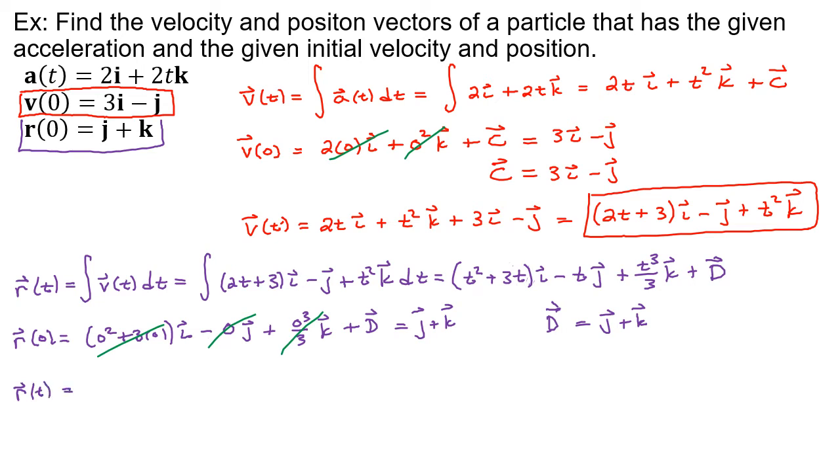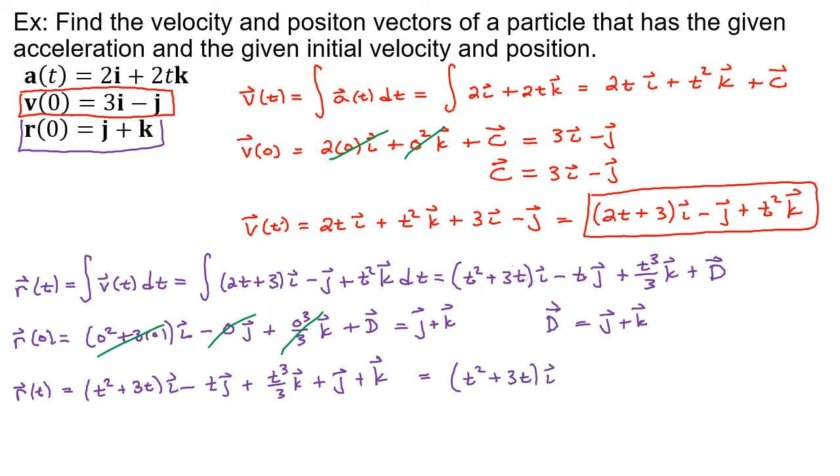And so my vector r should have been t squared plus 3t times i minus tj plus t cubed over 3k plus j plus k. And just like on the vector for the velocity, I would want to group them together. There's no extra i's in there, so I'll get a t squared plus 3t on the i.